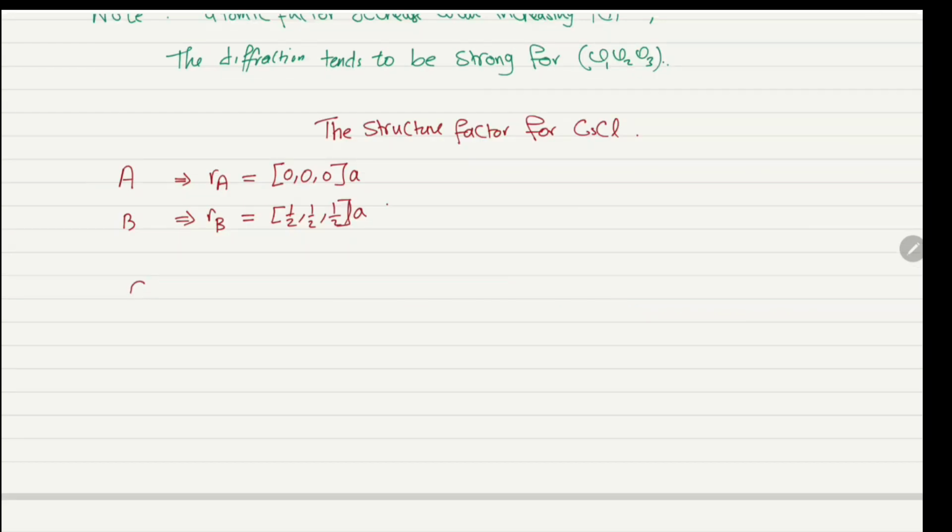Therefore, G in this case is equal to (v1, v2, v3) times 2 pi over a, in such a way that the v_i are all integers.